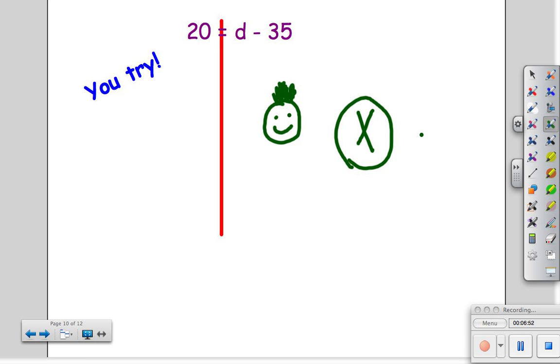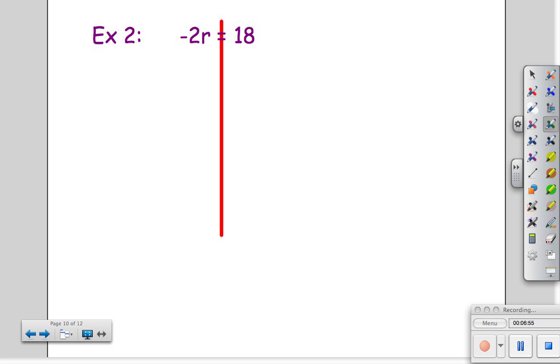Let's look at this one. Example 2, negative 2r equals 18. So this negative 2 is multiplying with my r. Even though it's not shown, that's the operation that's insinuated when there's two things right next to each other. So the inverse of multiplying, or the opposite of multiplying, is dividing.